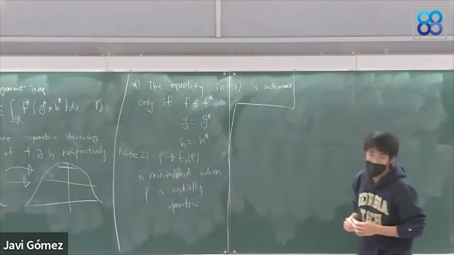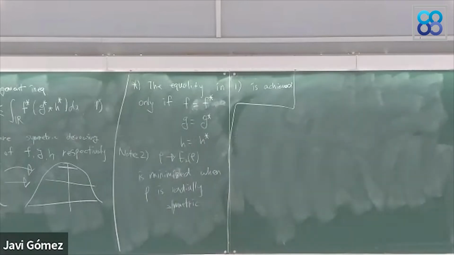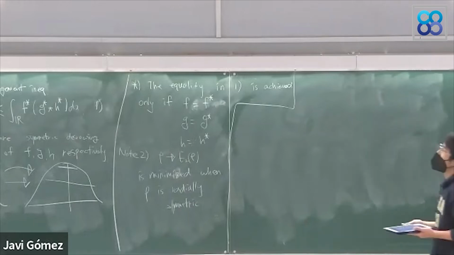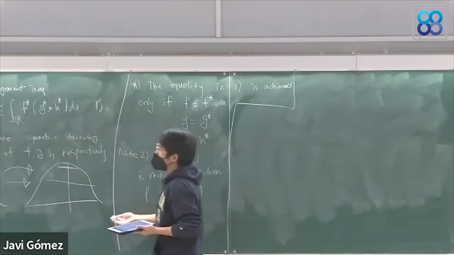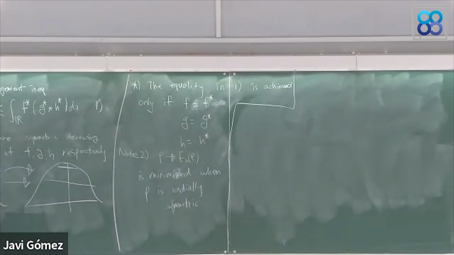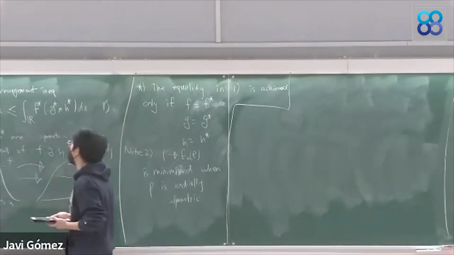And now let's consider the perturbations, to show that a rotating solution is actually a critical point to this functional.